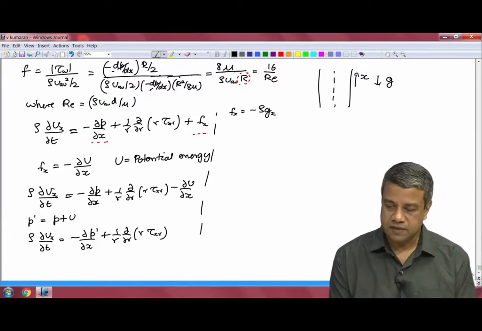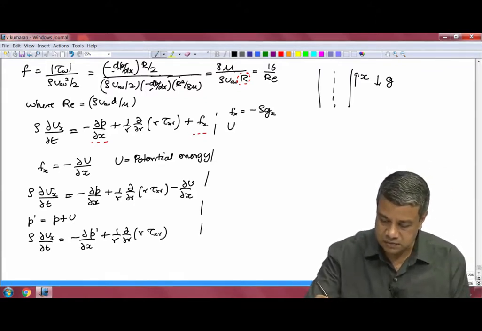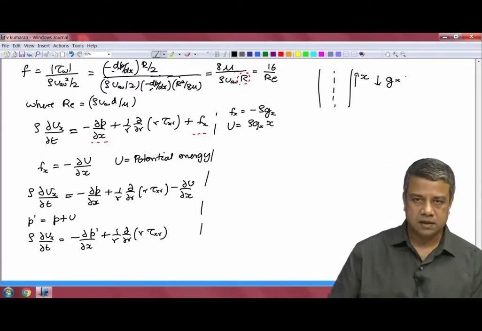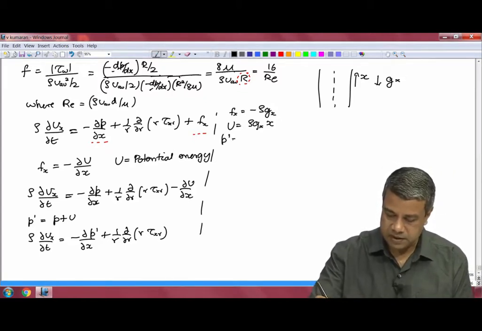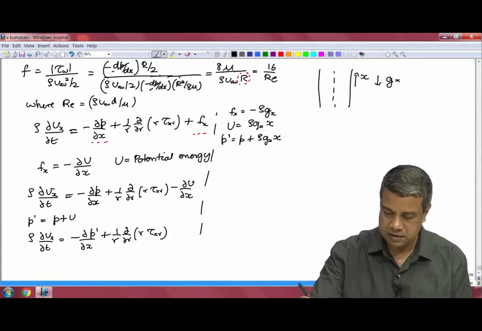So, if you have this kind of a force, then you know that the energy is equal to rho g x times x, and therefore, P prime is equal to P plus rho g x times x.